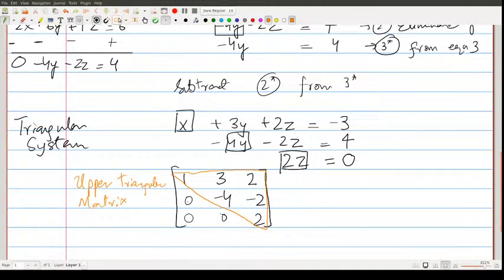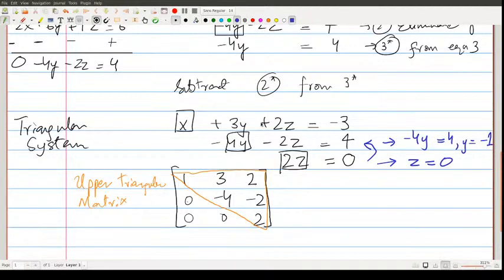So now if I want to solve this system, it has essentially been solved for me. I can use this equation, and it tells me that z is equal to 0. I have the value of variable z. I can go to this equation, substitute my value of z and find the value of y. So this equation tells me that minus 4y, z is 0 so I get rid of that, equals 4, which means y is equal to minus 1.